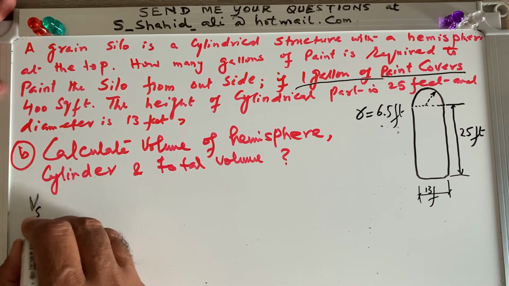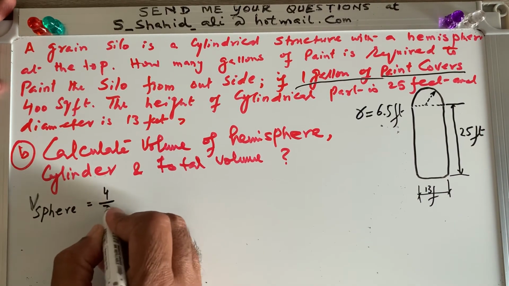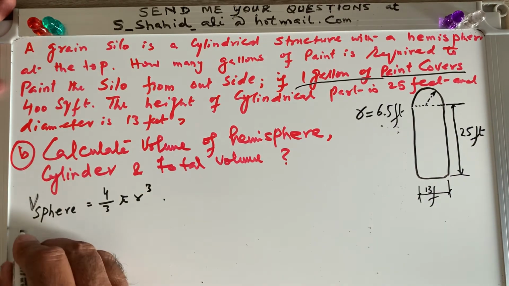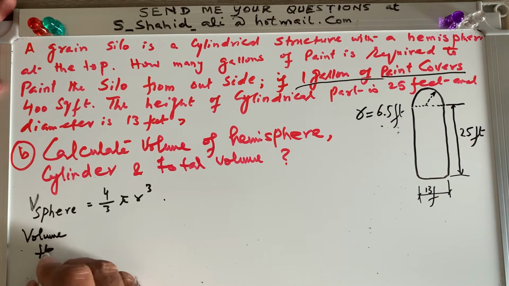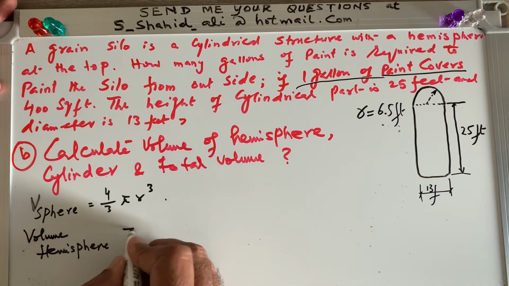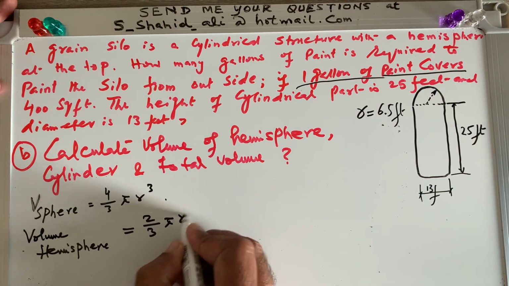Now we will see what the volume of a hemisphere is. The volume of the sphere is 4 by 3 pi r cube. So the volume of the hemisphere, right? Hemisphere means half of it, so it will be 2 by 3 pi r cube.